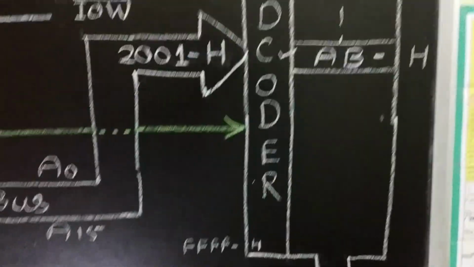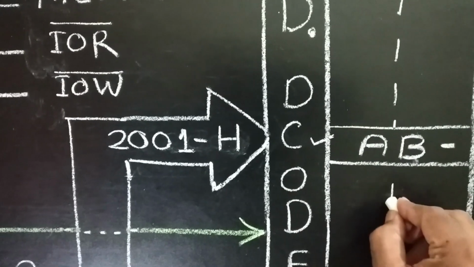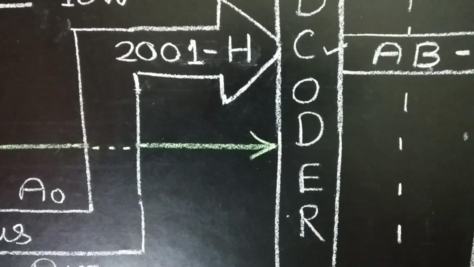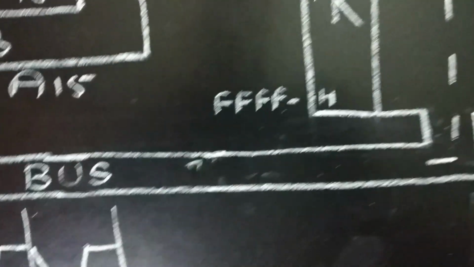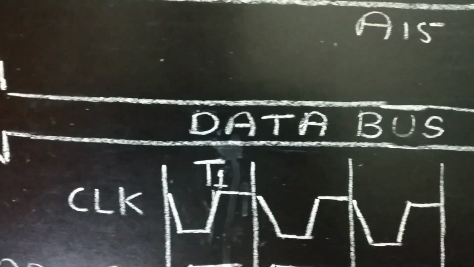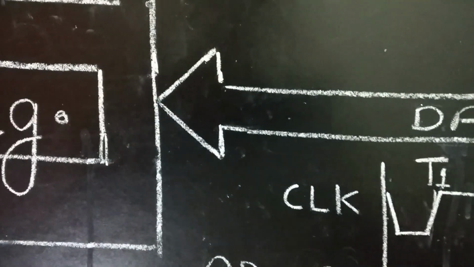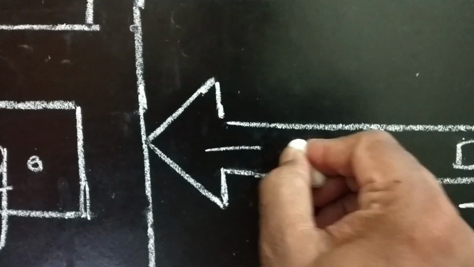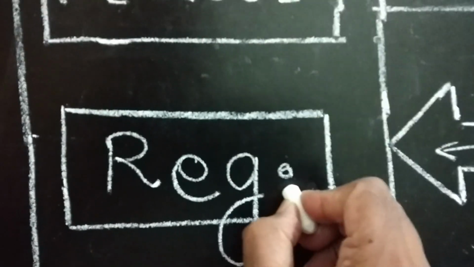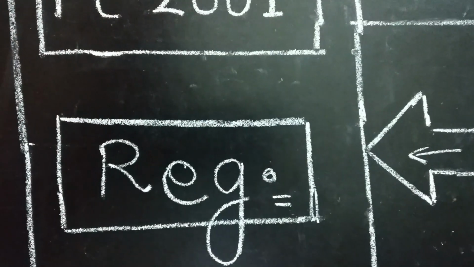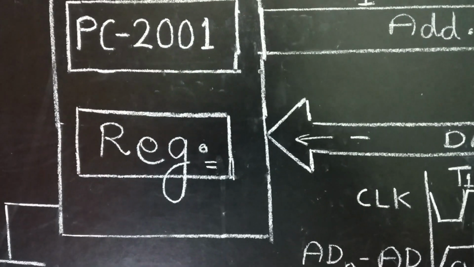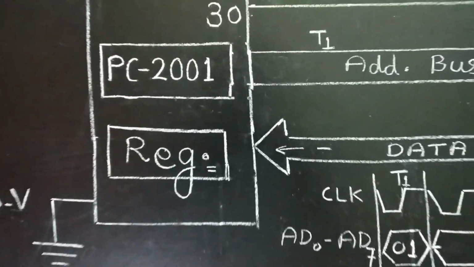is to be transferred via the data bus, an 8-bit data bus, to inside the microprocessor, and it is stored initially in the temporary register, and then it can be transferred to different registers.